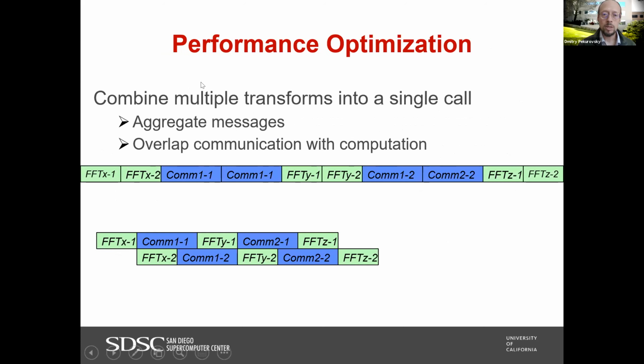Another area of optimization is to combine multiple transforms into a single call. First of all, it allows us to aggregate messages. And secondly, we can overlap communication with computation by staggering computation and communication stages for these different transforms.